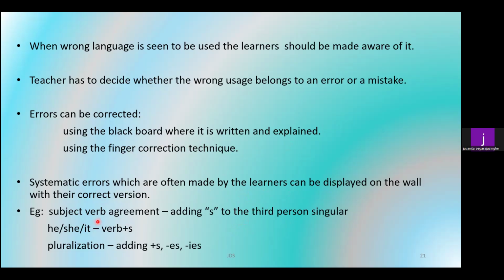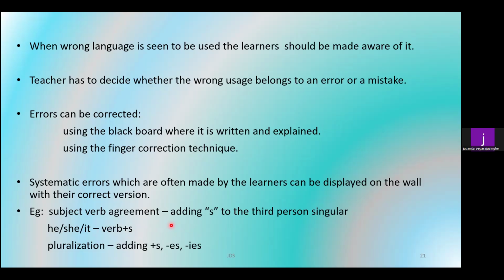For example, subject-verb agreement, adding S to the third person singular. He, she, it, verb plus S. If they are not adding verb plus S, it's better to construct certain sentences and display them on the wall, where they will be able to see that with these pronouns, verb plus S is added.